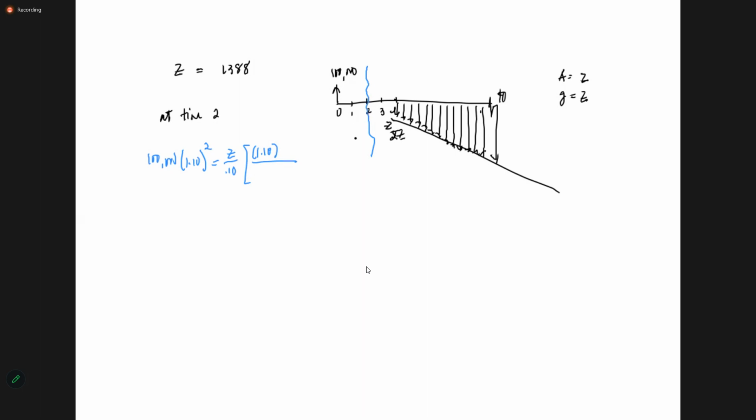The n here is 38, because the 0 value at time 1 is the 0 value at time 3. Did you get it? So this is 38, minus 1.1, minus 38, then 1 over 1.1 raised to 38.